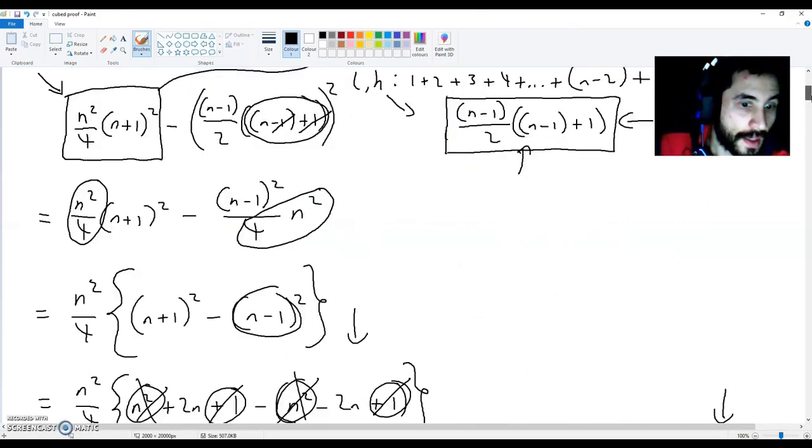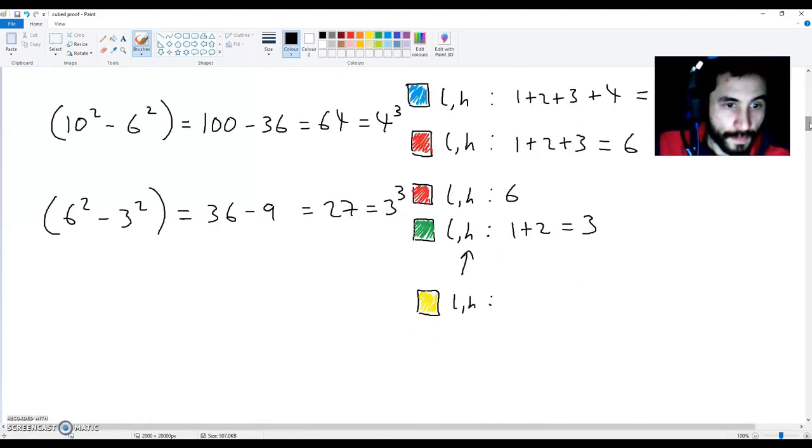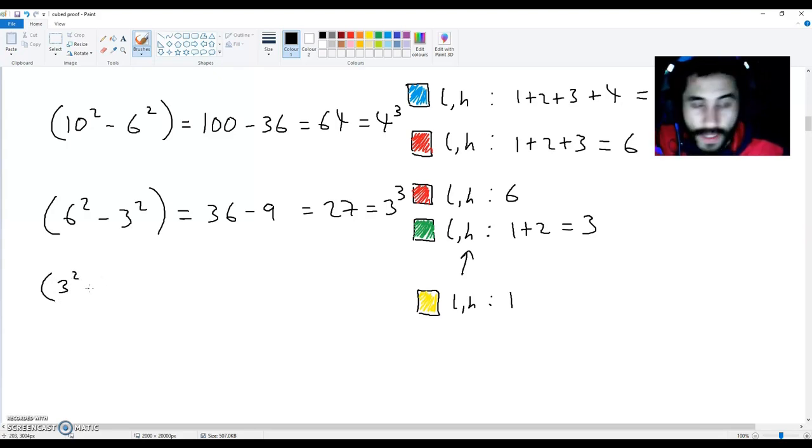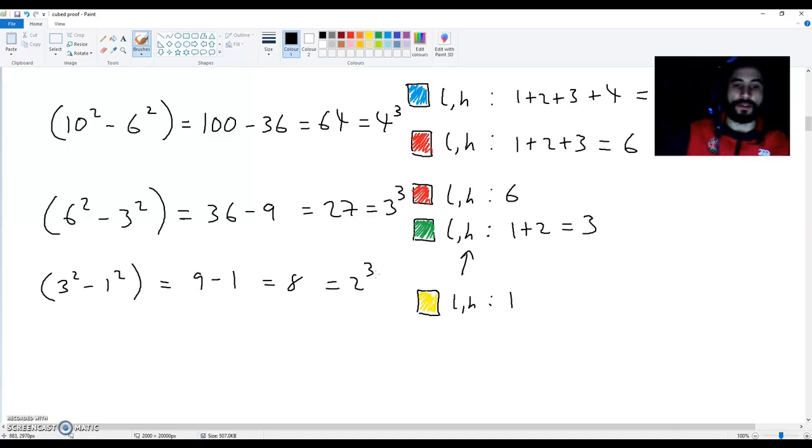So this means that the area shaded in green, if we subtract the yellow square from the green square, we get 3 squared minus 1 squared, and that gives us 9 minus 1, which is 8, and this is 2 to the power of 3.